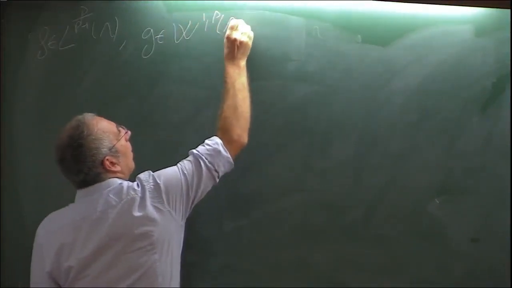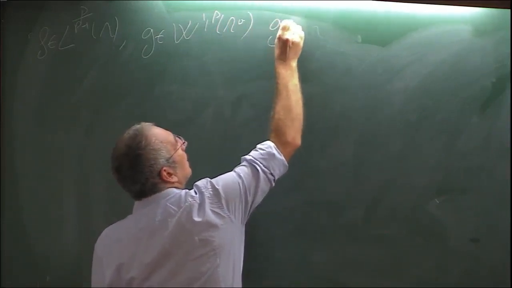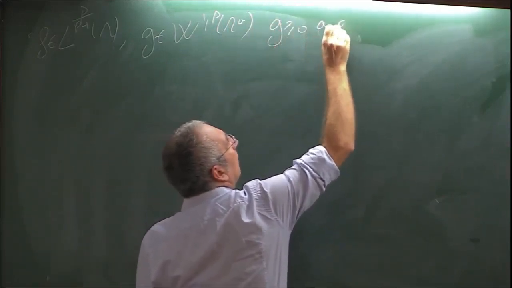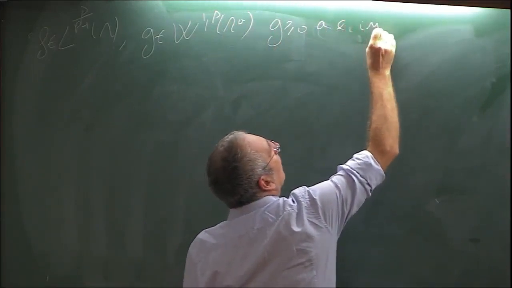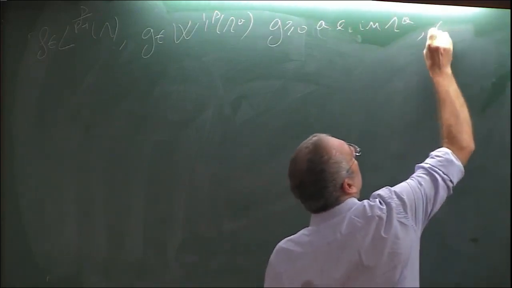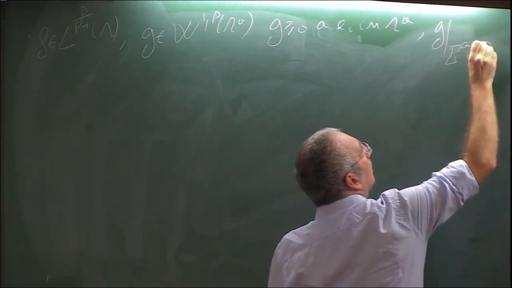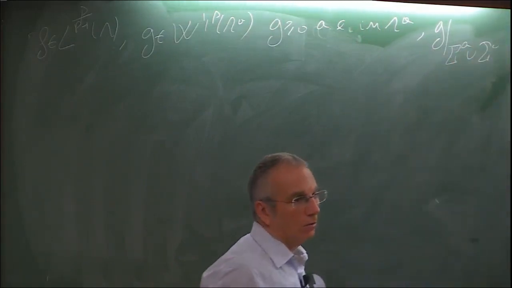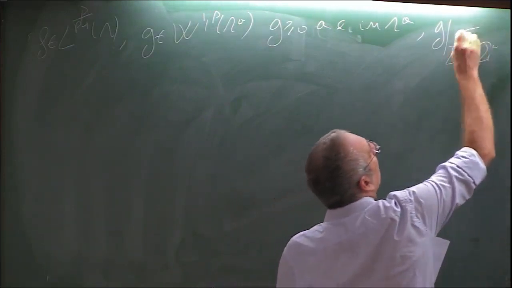G is a function in W^{1,p}(omega) such that G is greater than 0 almost everywhere in omega A, and the restriction of the trace of G on sigma A and on sigma 0 equals 0.